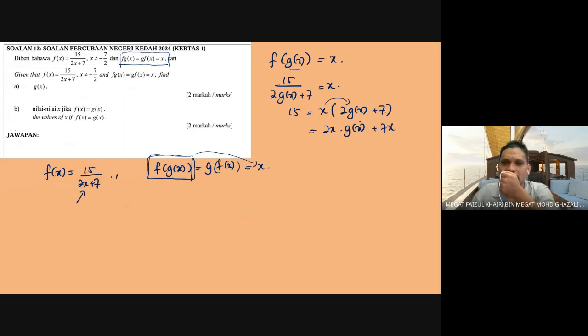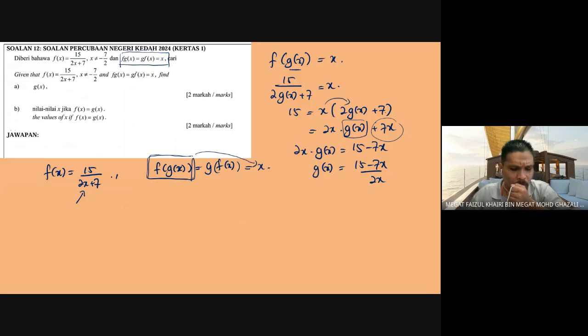So this is the g(x) that we're looking for. Now bring this 7x over to join 15. So 2x times g(x) equals 15 minus 7x, then g(x) equals 15 minus 7x divided by 2x.